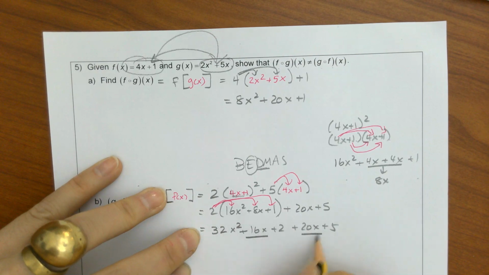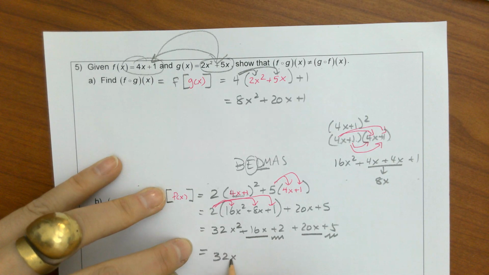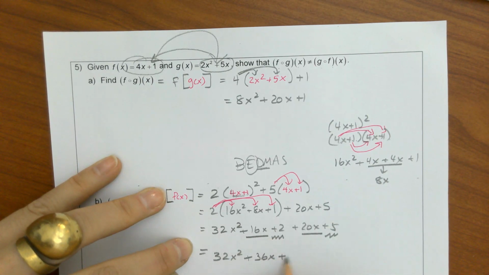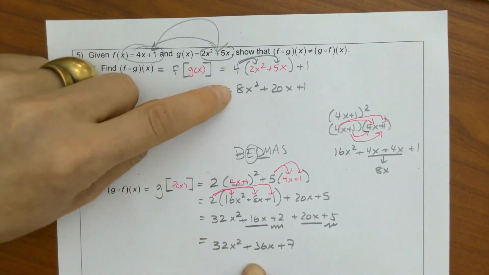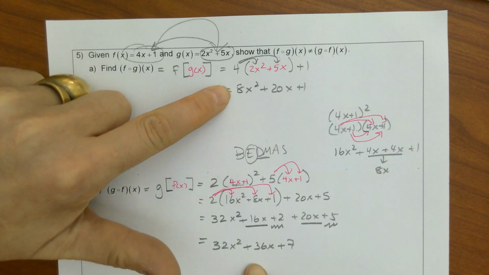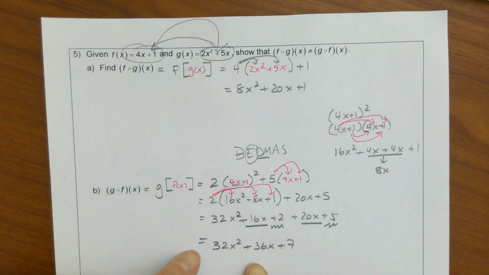So this and this can go together. This and this can go together. 16 and 20, that's 36x plus 7. And we can see that this is definitely not equal to this. So I can say f of g of x is not equal to g of f of x.